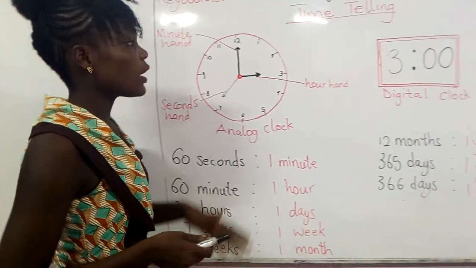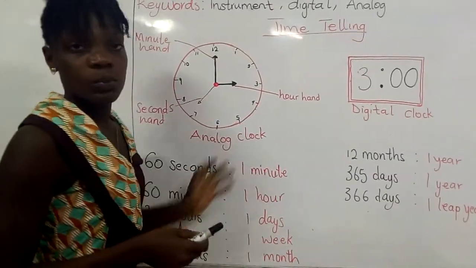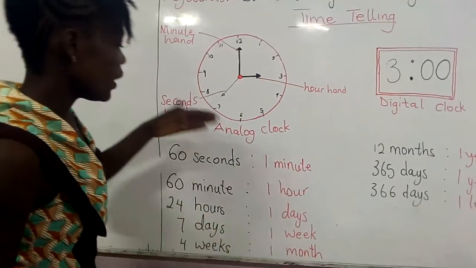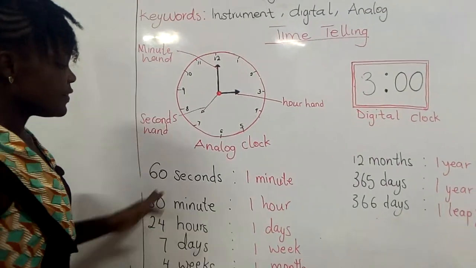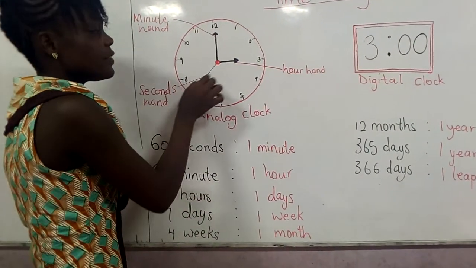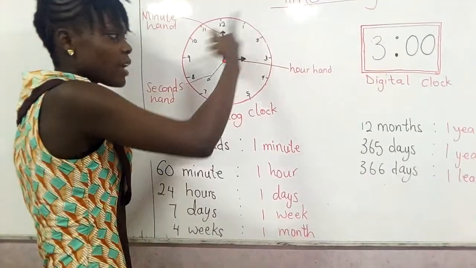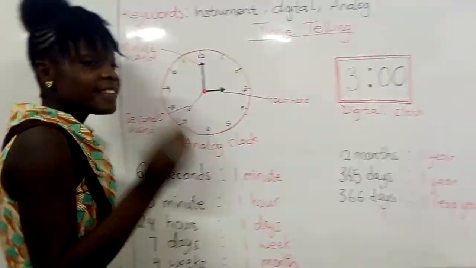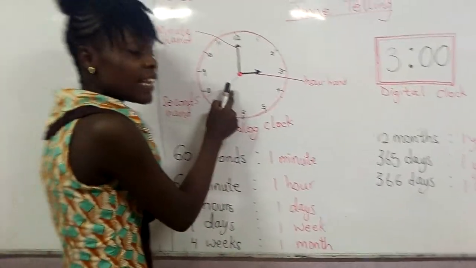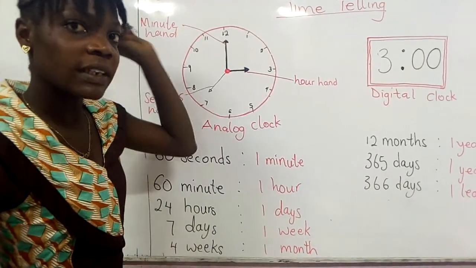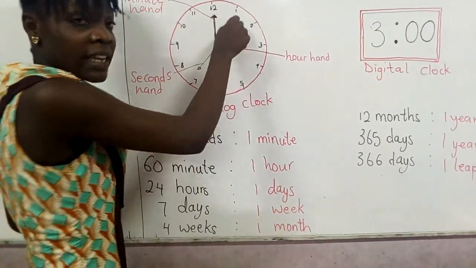Sometimes you see a clock and it has only 2 lines. Others have 3 lines. Now, we have here 60 seconds. Whenever you see the thin line going round, it counts up to 60. When the thin line counts 60, the thick long line will move from one number to the next number.